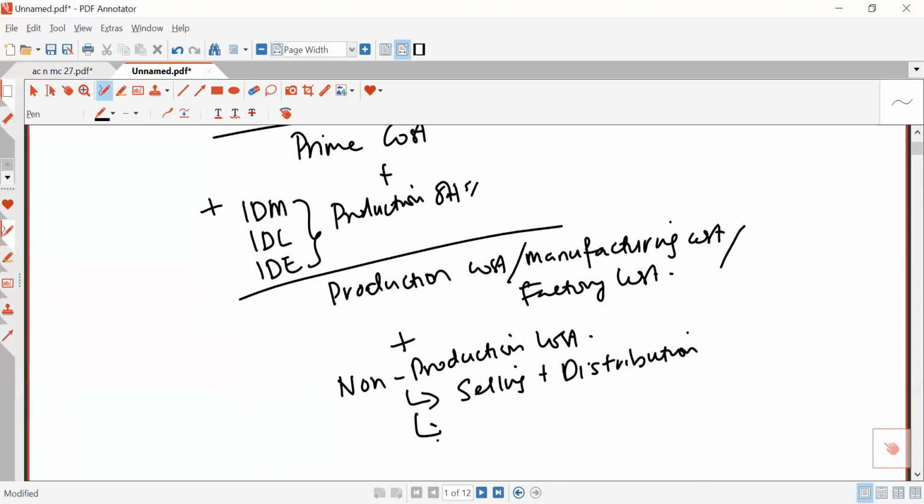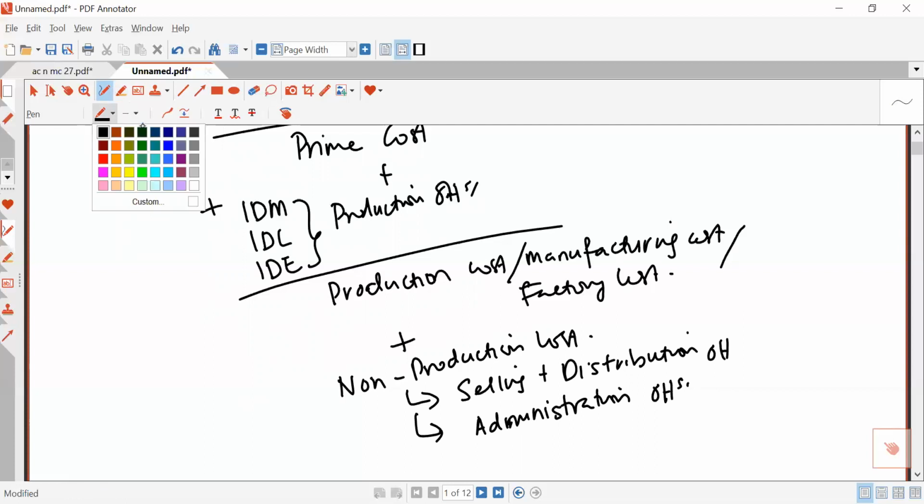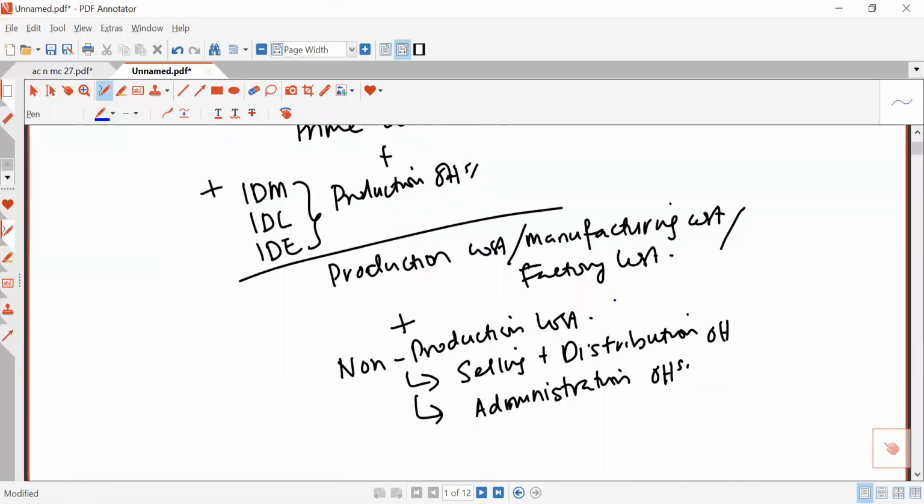You can also have administration overheads.